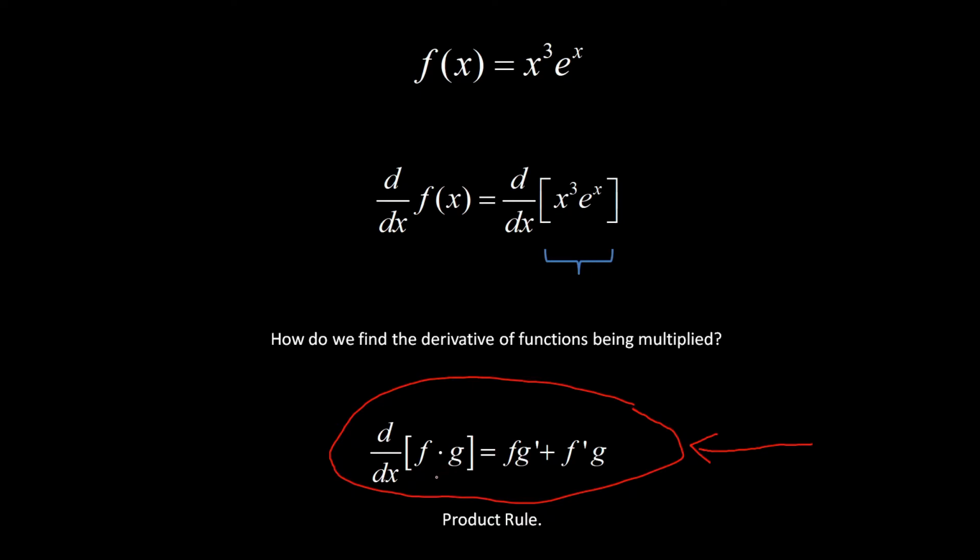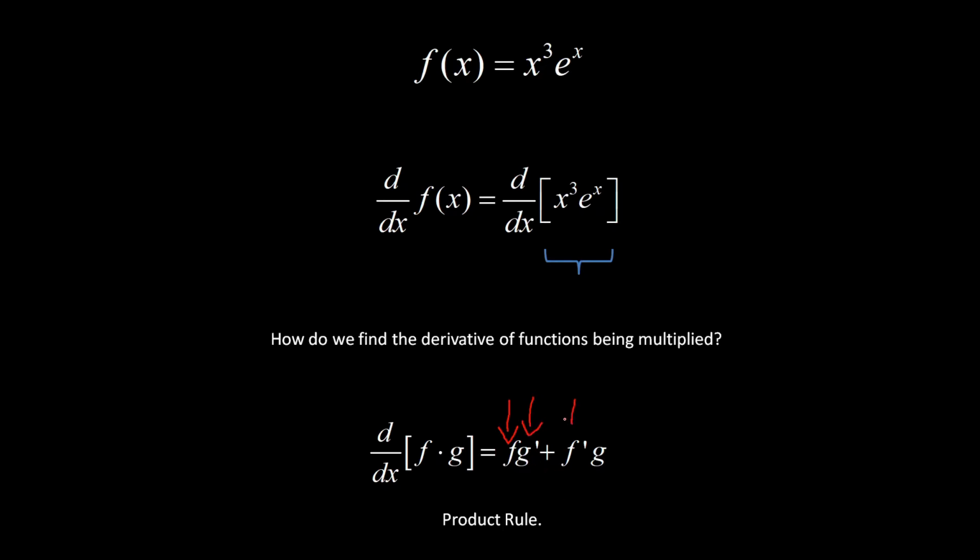So this says, if you're taking the derivative of two functions being multiplied, then that answer is the regular function f times the derivative of g plus the derivative of f times the regular function g.